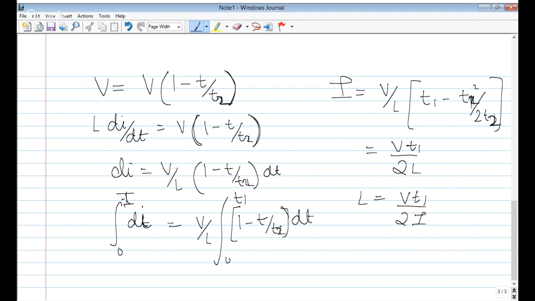So now what can we do here? It is saying a linear fall of voltage across the transistor at turn on, falling from V to 0 in a time of T2. I think the question is not actually clear. The expression for snubber inductance L, which will delay the rise of current to its on-state value I in a time of T1.